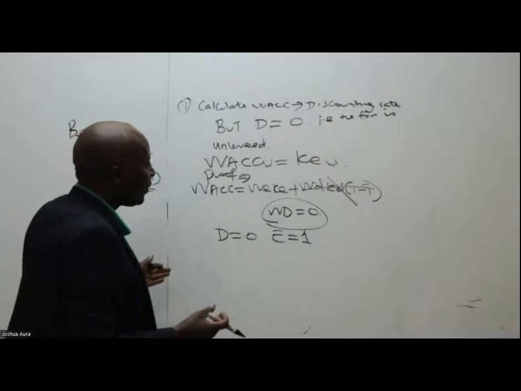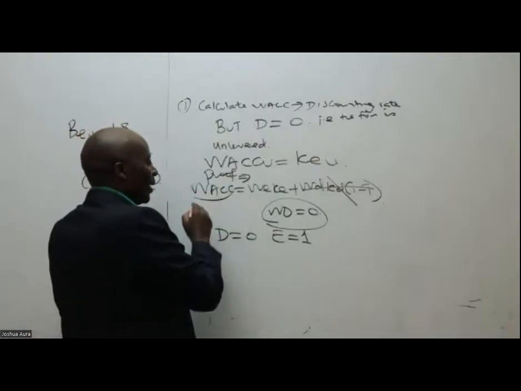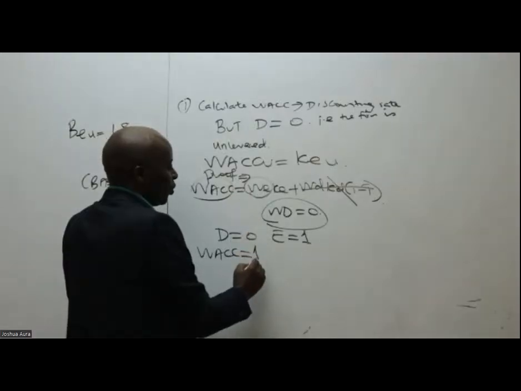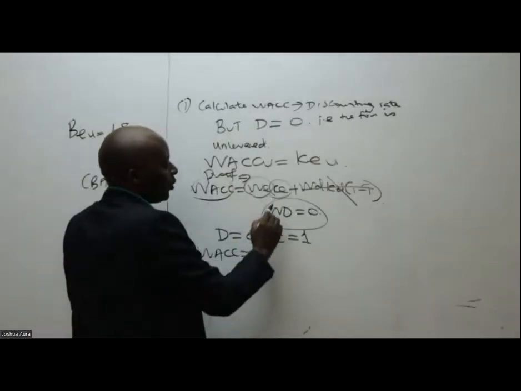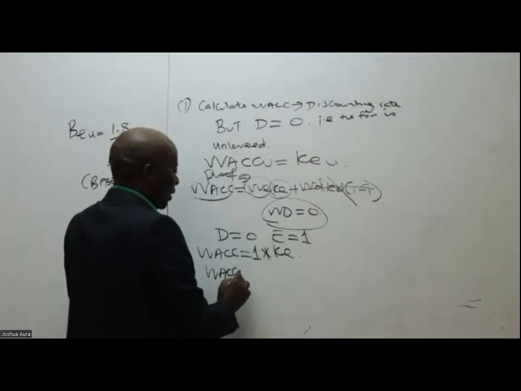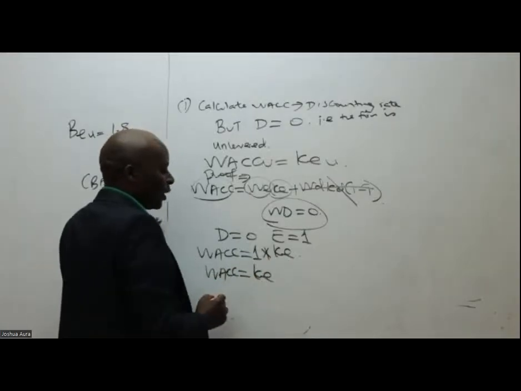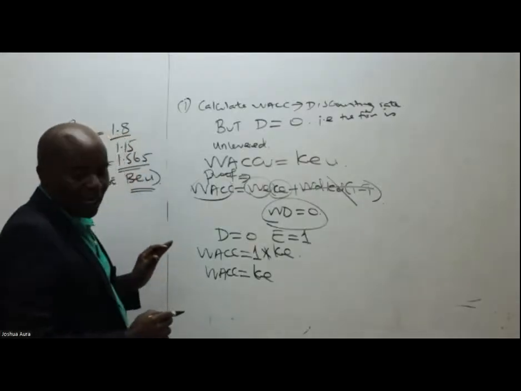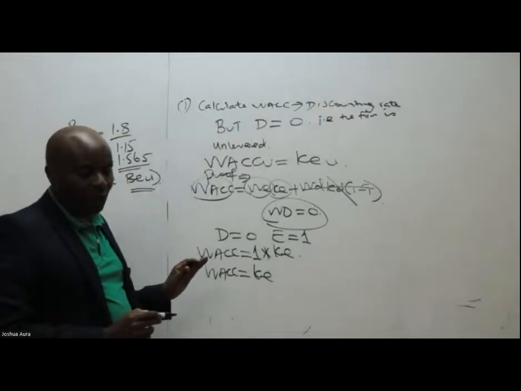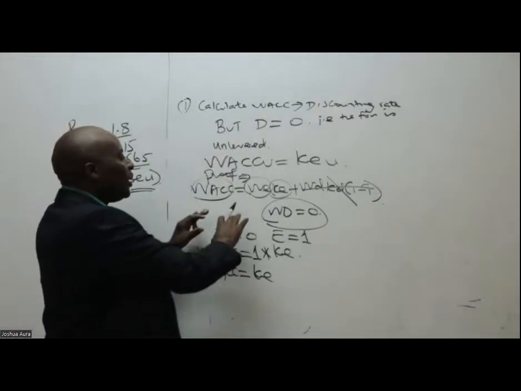So something very important happens: our WACC will be equal to weight of equity, which is 1, times cost of equity. So our WACC will be equal to the cost of equity for unlevered organizations. I don't need this derivation.